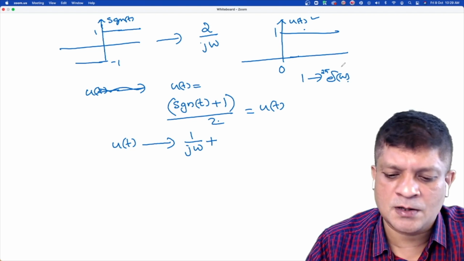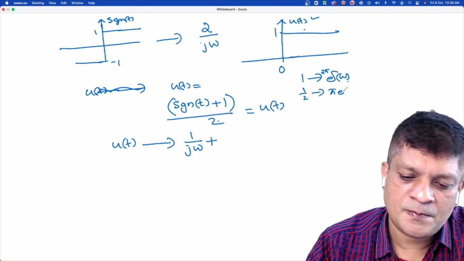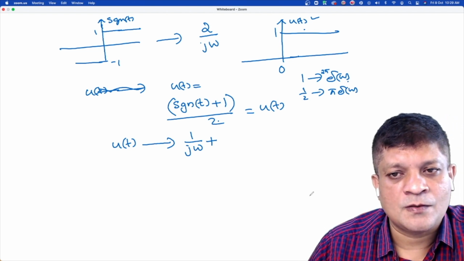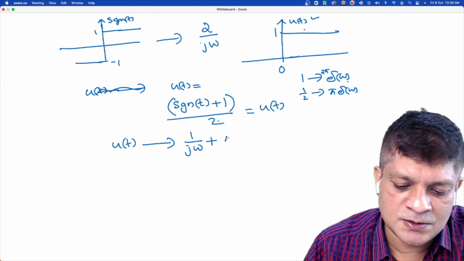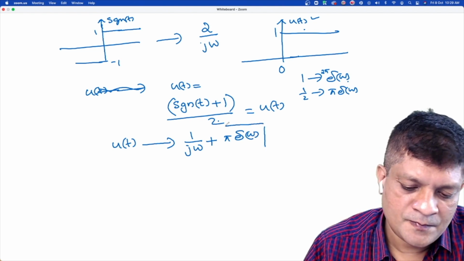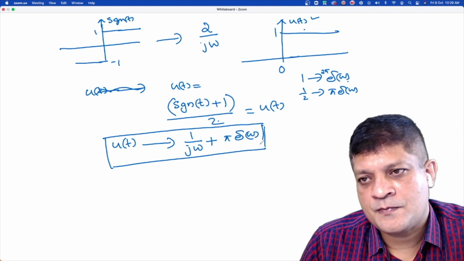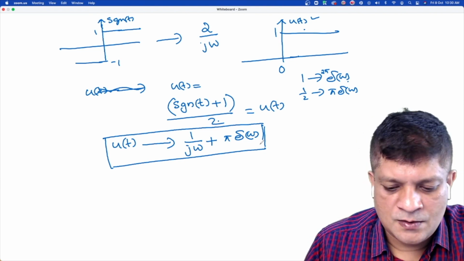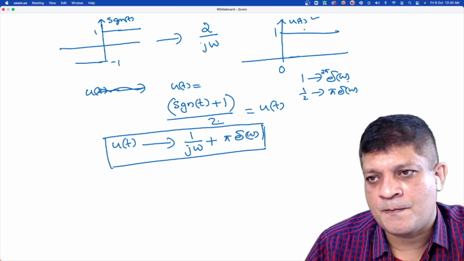It is 2 pi delta omega. So what is the Fourier transform of 1 by 2? Pi delta omega, is it? So the Fourier transform of the unit step function is 1 upon j omega plus pi delta omega.